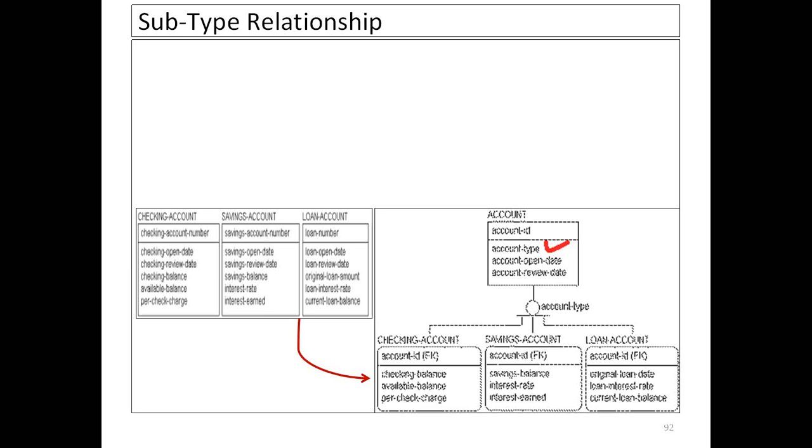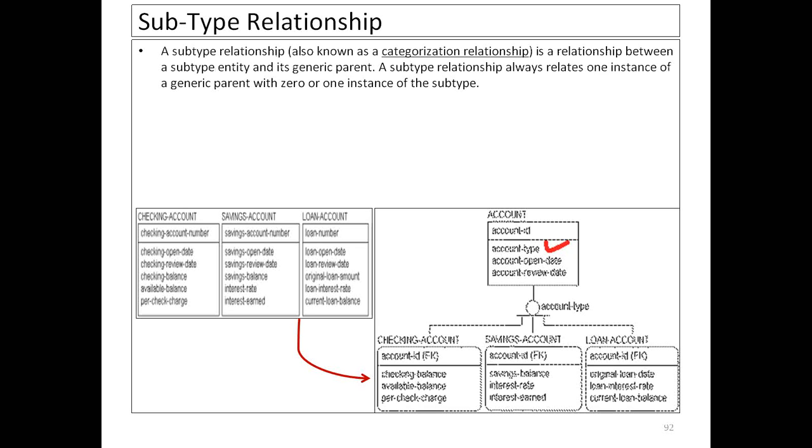Generalization or subtype relationship is like a kind of weak entity. We have already seen the definition in the previous slides. A subtype relationship is also known as categorization relationship. It is a relationship between a subtype entity and its generic parent.